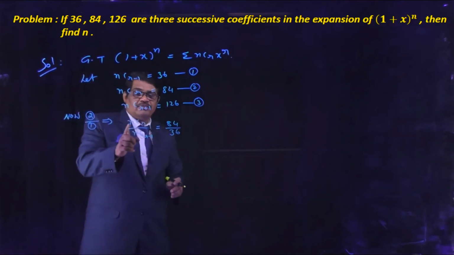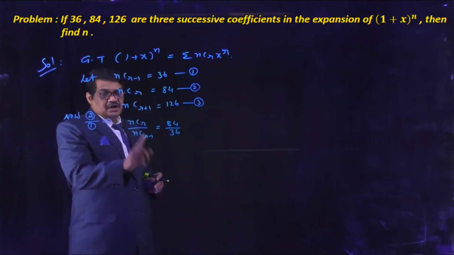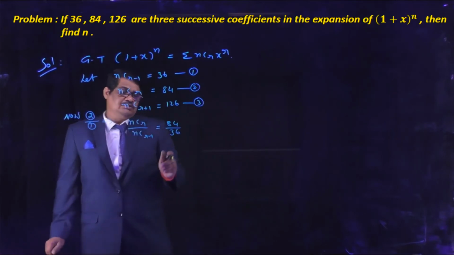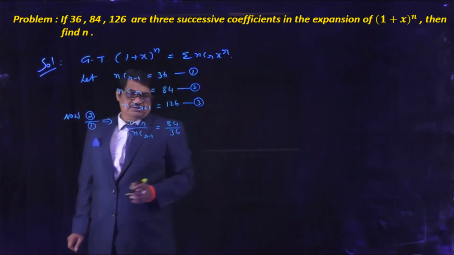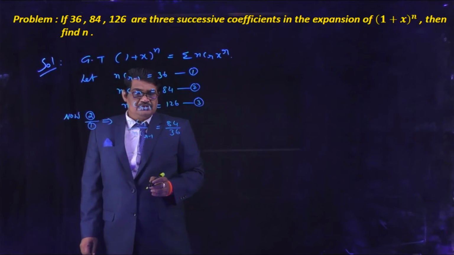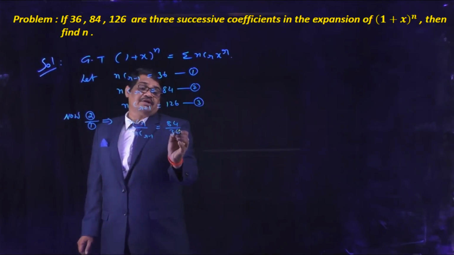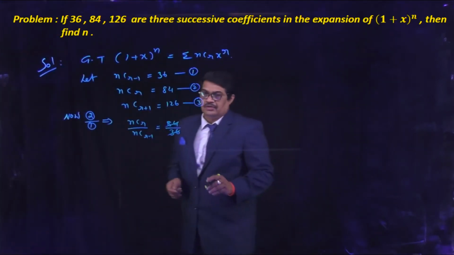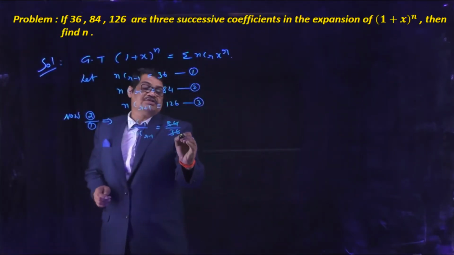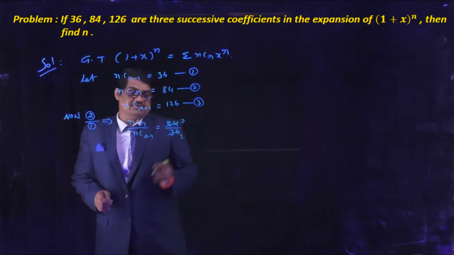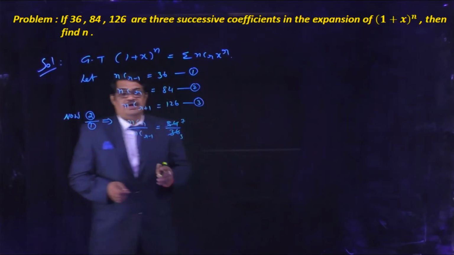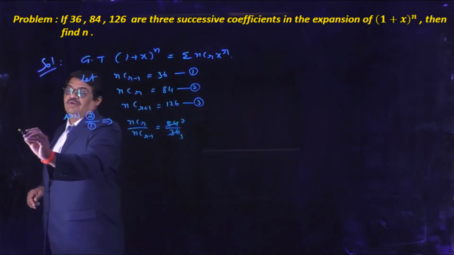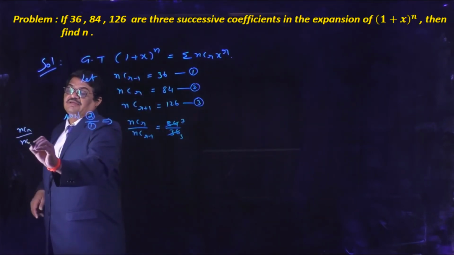We know the formula for nCr by nC(r minus 1). The value of 84 by 36, simplifying, cancelling: 12 3s are 36 and 12 7s are 84.